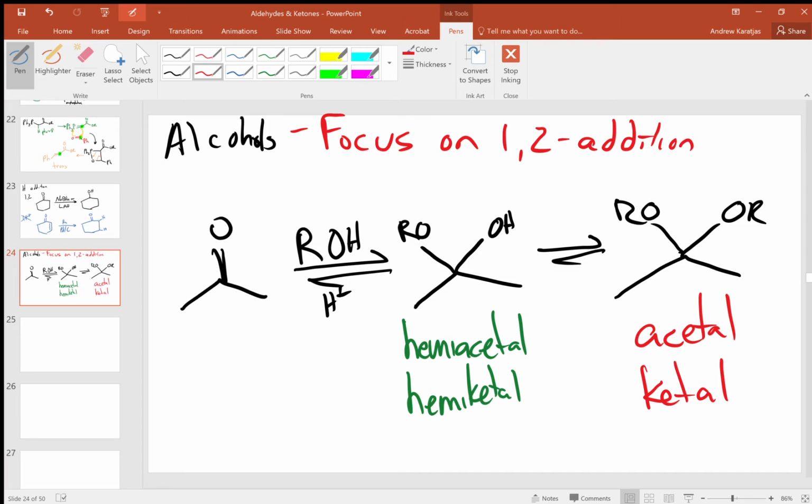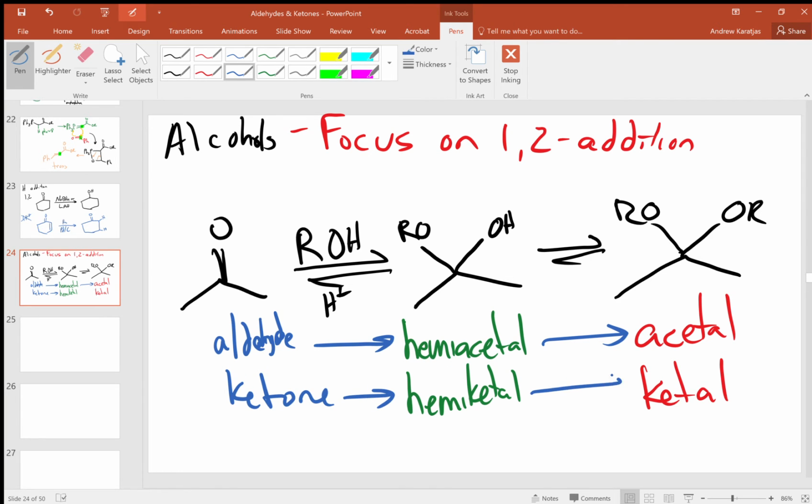Whether we call it an acetal or a ketal all depends on what the starting material is. If we start from an aldehyde, then typically we refer to them as hemiacetals and acetals, and ketones would yield hemiketals and ketals.